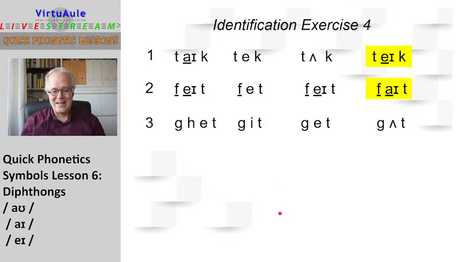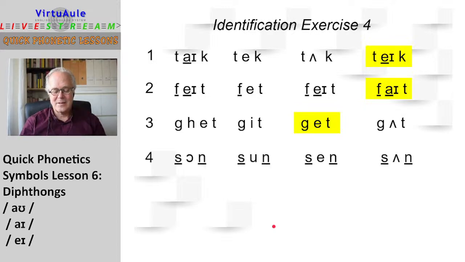Let's look at the next row. Get. Okay, did you guess the correct one? That's right. Number 3. Number 4. Sun. Okay, listen again.